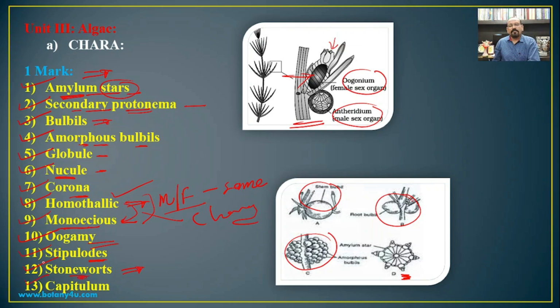Then capitulum. If we see the structure of the antheridium or the globule, there is a primary capitulum and a secondary capitulum, and from the secondary capitulum there is development of the antheridial filaments, and hence the capitulum is a structure which is present inside the globule in Chara.